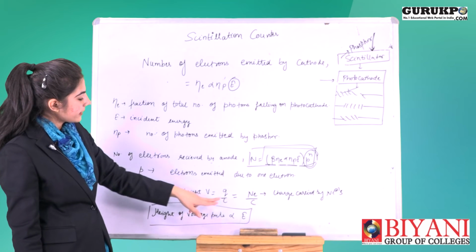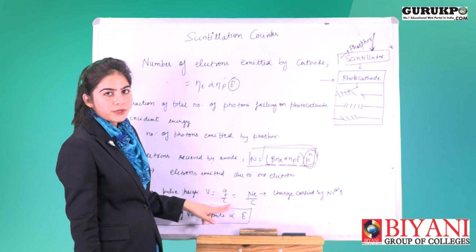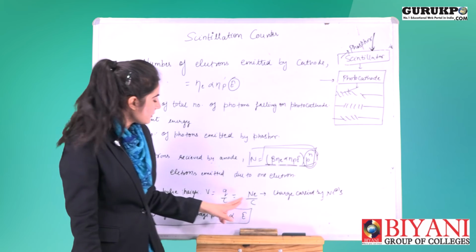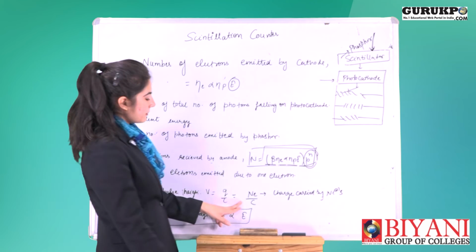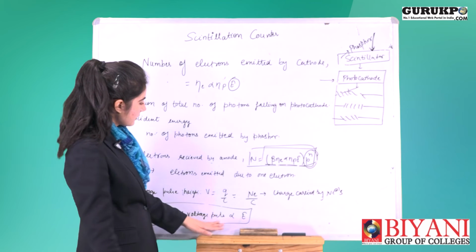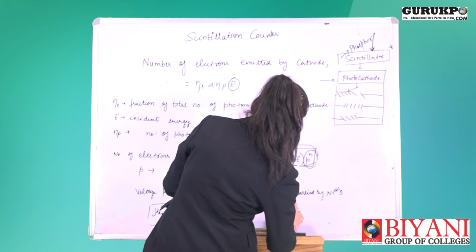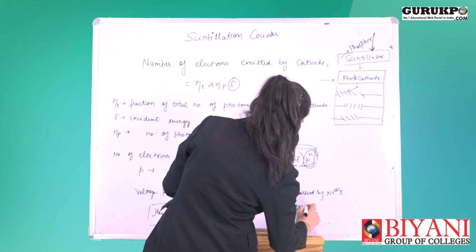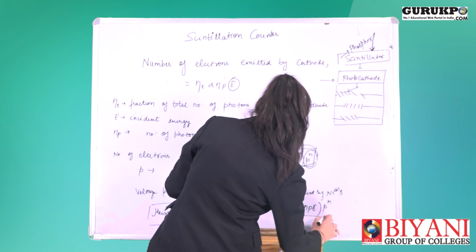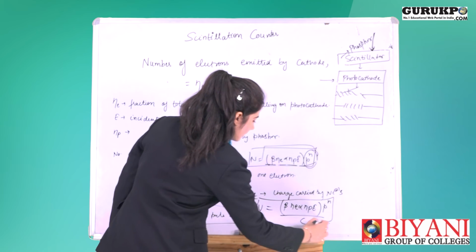The formula of voltage pulse height is V = Q/C, where Q is the charge carried by n electrons, and Q can also be given as Ne. We can put the value of n here, that is β Ne α Np E P^n divided by C.